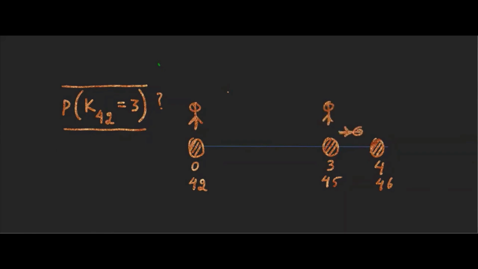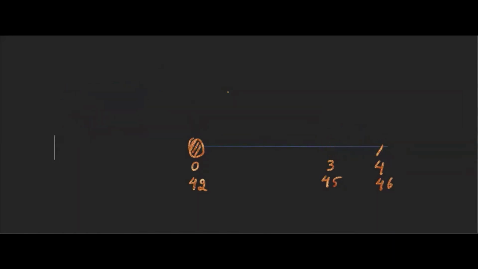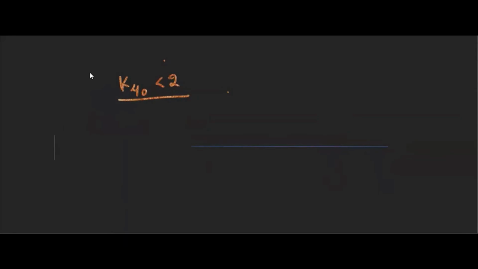Now, tell me something. K40 less than 2. This means what? The person aged 40 will survive for less than 2 years. What is the probability that the person aged 40 will die within 2 years?